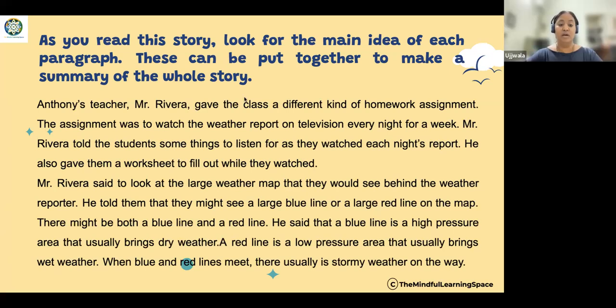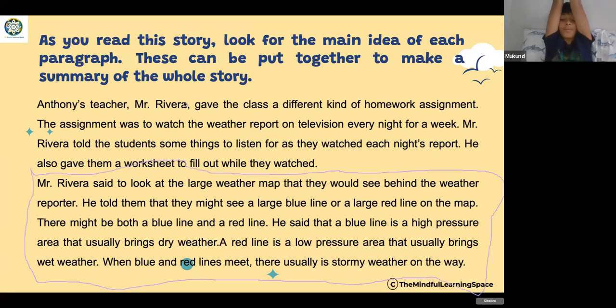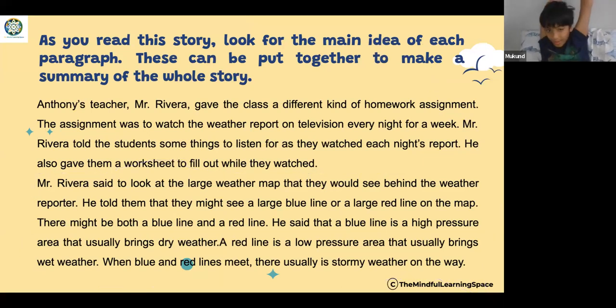Okay, so Mukund, would you like to try? Okay. So Mr. Revere said to look at a large weather map, and they would see behind the weather report a large blue line or a red line, or there might be both.